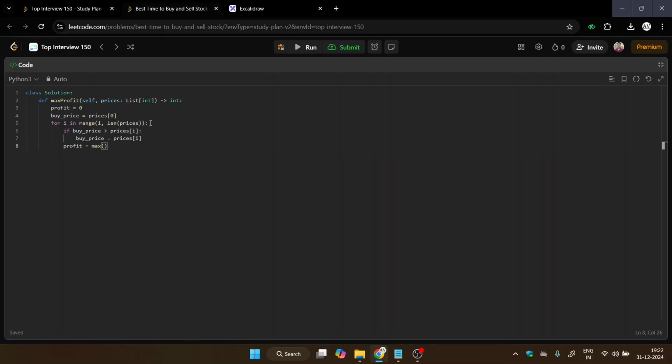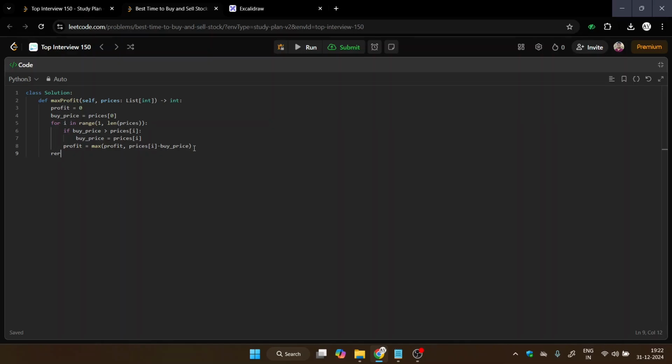We will identify the current value, and we will get the maximum between these two values. So we will check whether the profit is the maximum, or the difference between the current price minus the buy price is the maximum. If the profit is maximum, then we keep the profit in this variable. Otherwise, the maximum difference will be assigned to this variable. Okay.